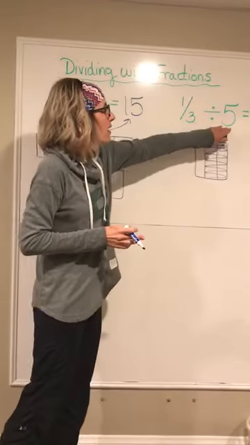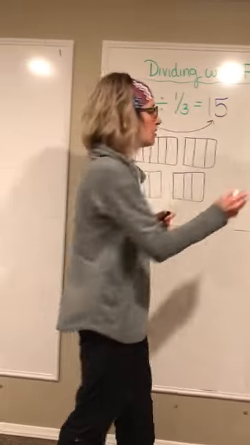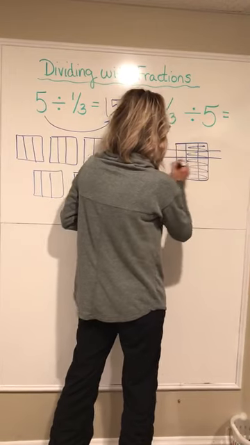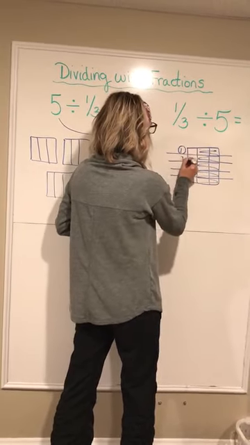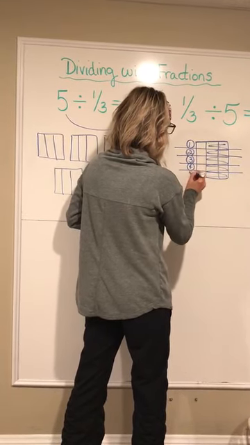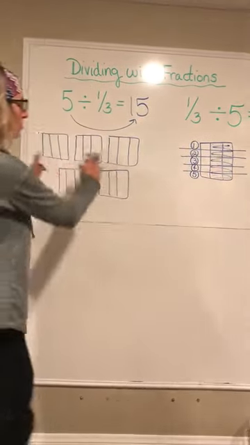But I have 5 friends who want to eat just this 1/3 section. So I now have to break this up into my 5 people. So here's person 1, 2, 3, 4, and here's my 5th person. So if you're looking at this, my picture looks very different.